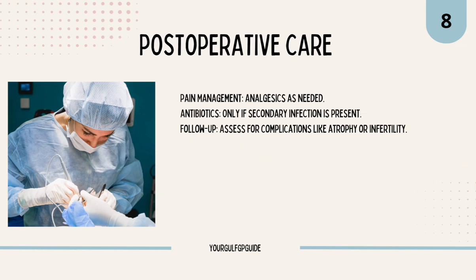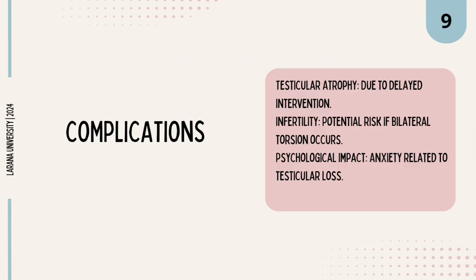Now, post-operative care will be pain management. You will continue the analgesics as needed, and also give antibiotics to the patient to prevent secondary infection, and follow up after a few months to look for complications like atrophy or infertility. What will be the complications?